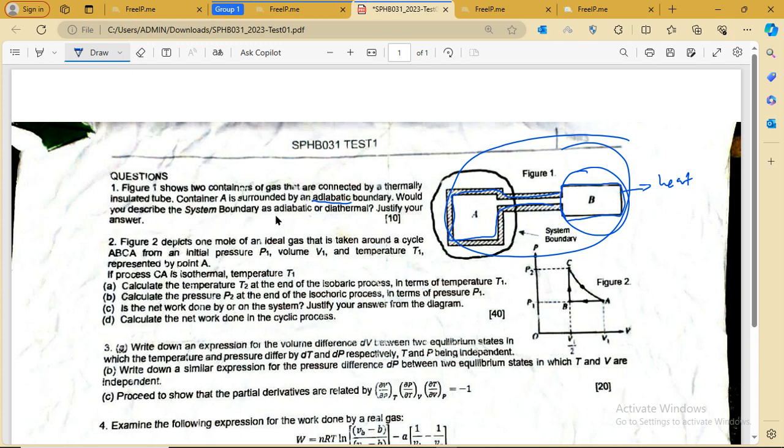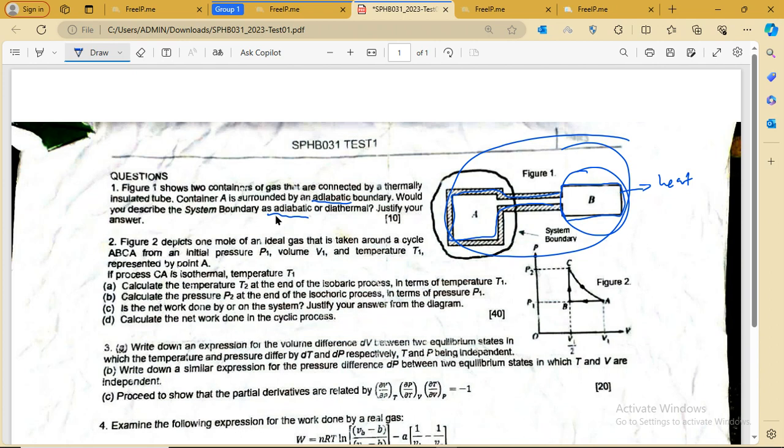But now, what you also have to think of, this type of question, you can answer it in two ways. You can choose the system boundary as adiabatic, and then you justify your answer, which is what I'm going to do here.